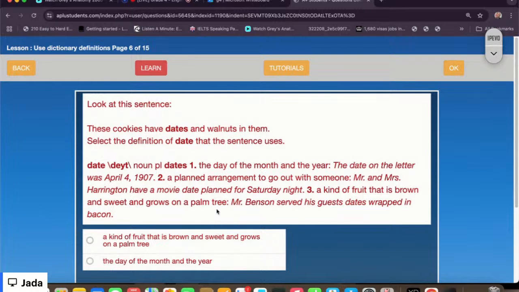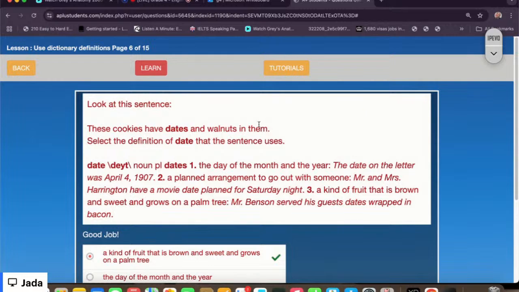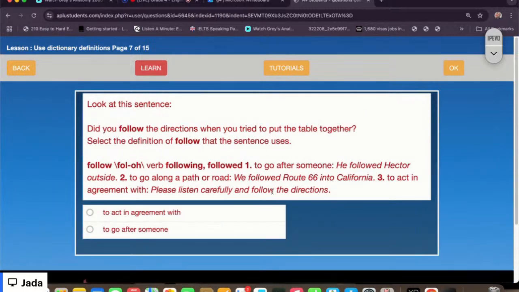It should be one, because dates is like a fruit or nut. I think, yeah, because people eat dates, so it grows on a tree, not the days of the month.